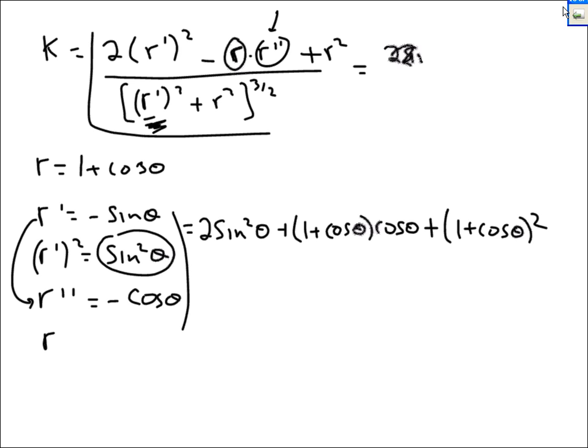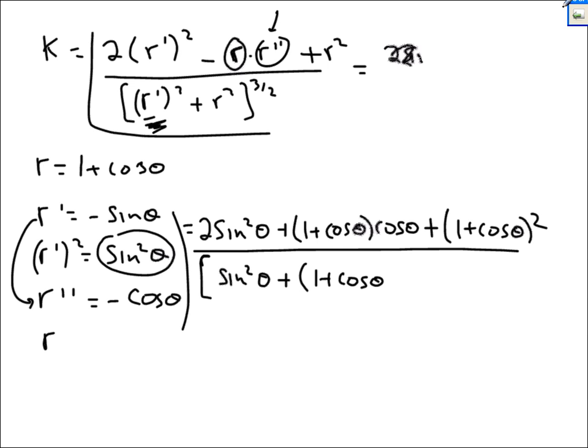Let's now do the denominator. You get r prime squared, which is sine squared theta, plus r squared, 1 plus cosine theta all squared, to the 3/2 power.